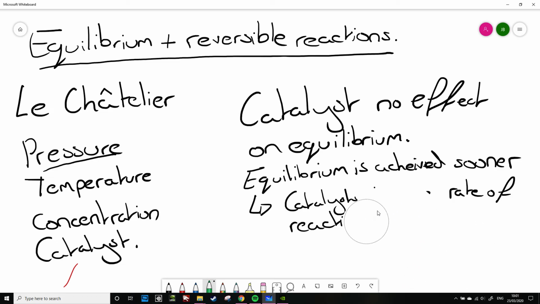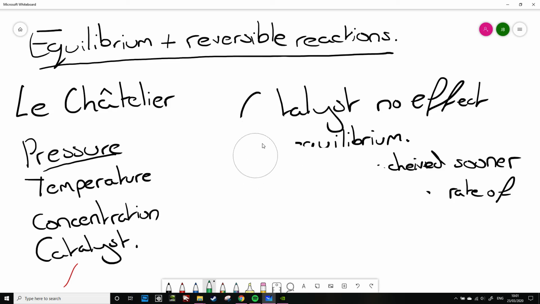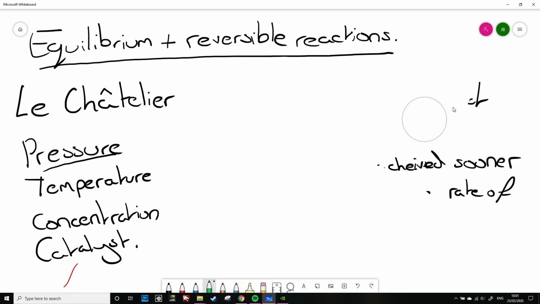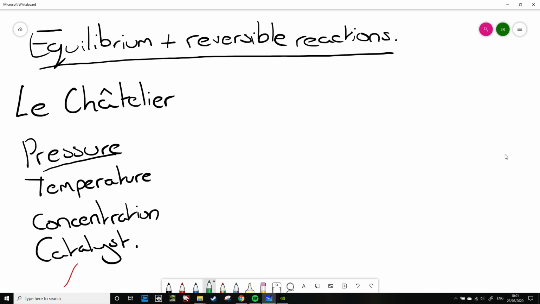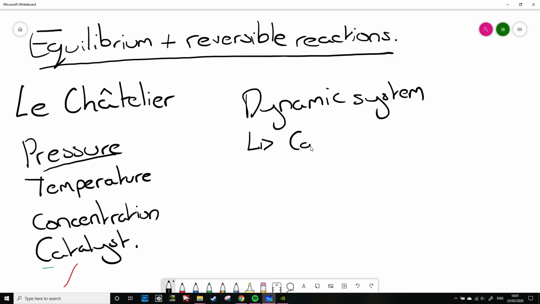So the whole point of equilibrium is that it is a dynamic system. What I mean by dynamic is it can be changed. So, dynamic system can be manipulated, changed.